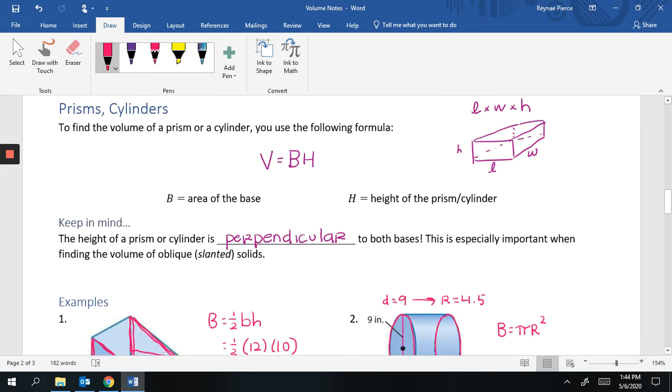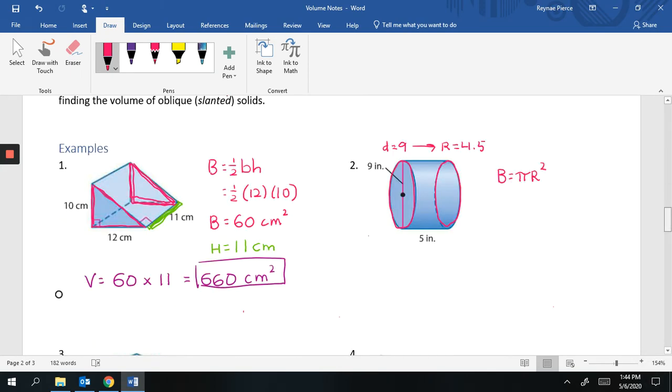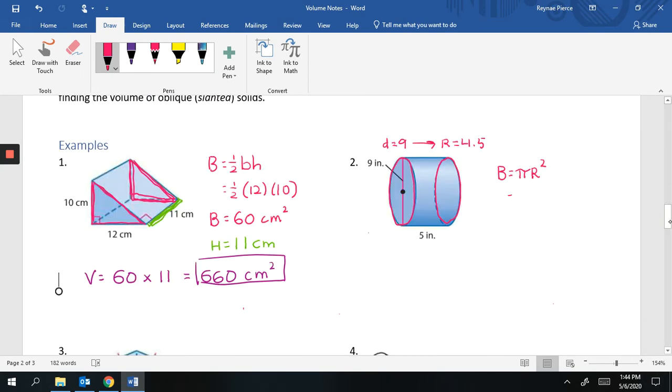The area of our base, we're going to take pi times 4.5 squared, for an area of 20.25 pi.